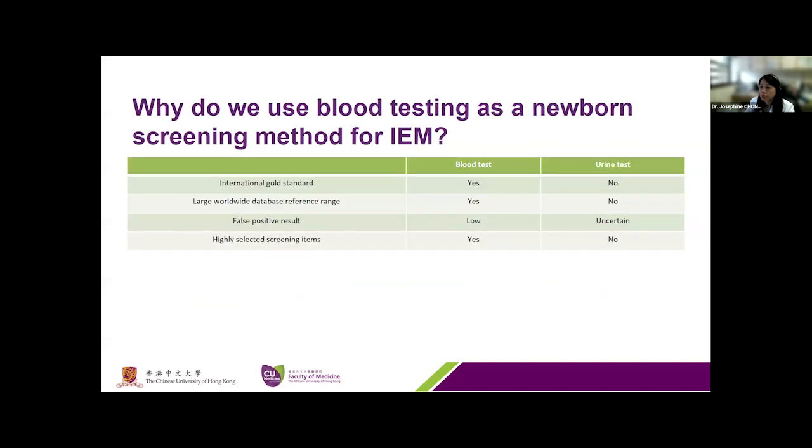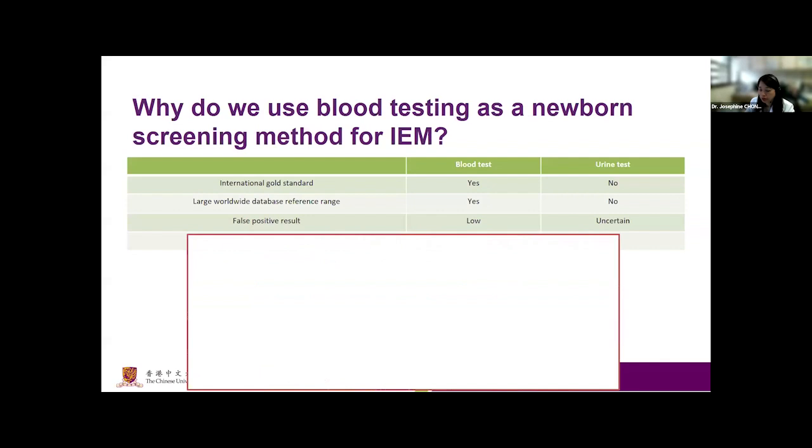And newborn metabolic screening nowadays worldwide uses blood, because blood has an international gold standard for the cutoff point, so it gives a better reference. Also the false positive rate is lower compared with using urine, which gives uncertain positive results.